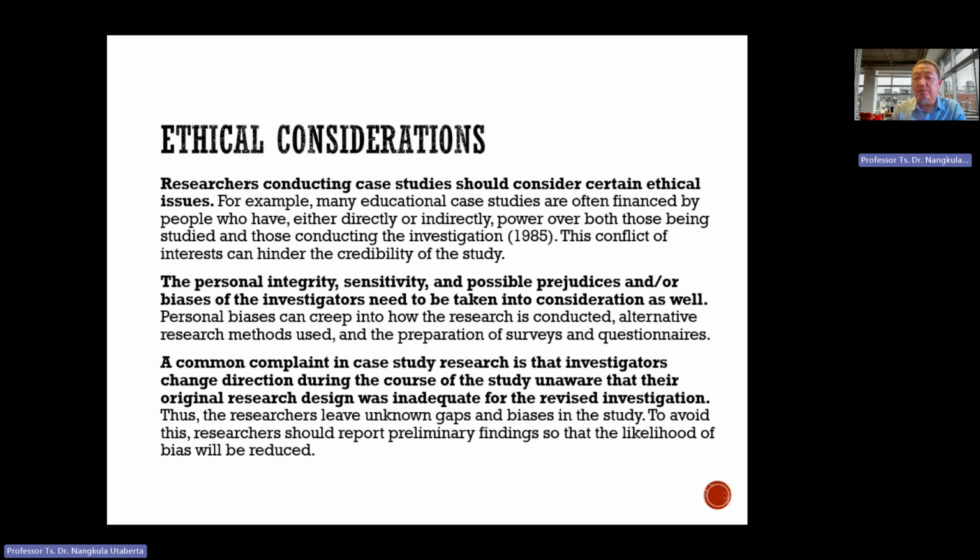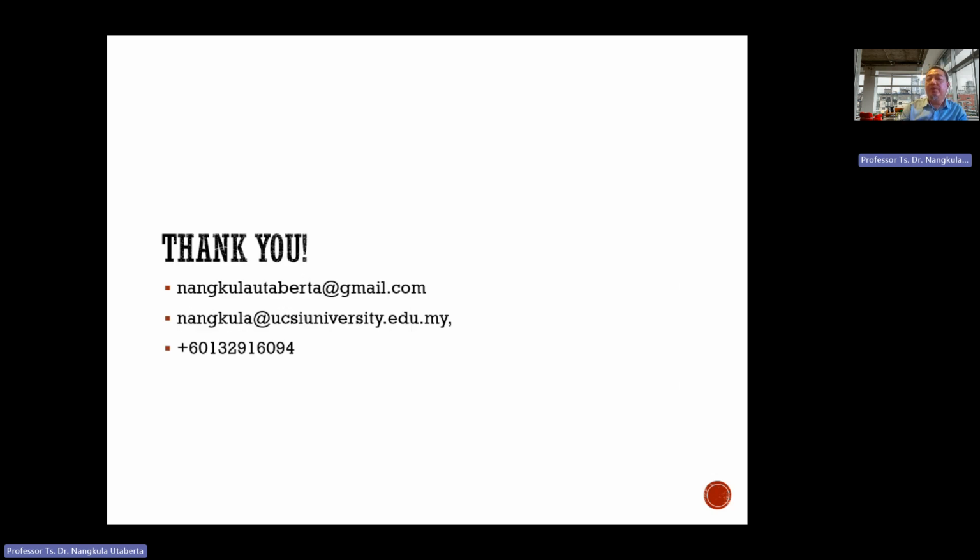When you do that, sometimes you lose your original research design. That will create a lot of unethical issues. When you suddenly, without proper planning, collect other data, including PNC documents, etc., that is the important ethical consideration of case studies.